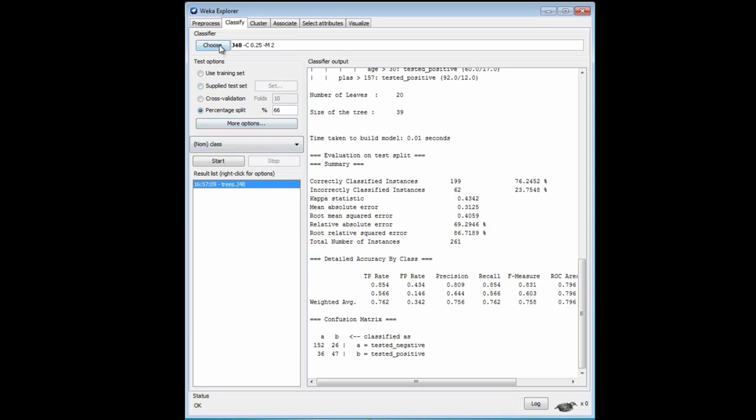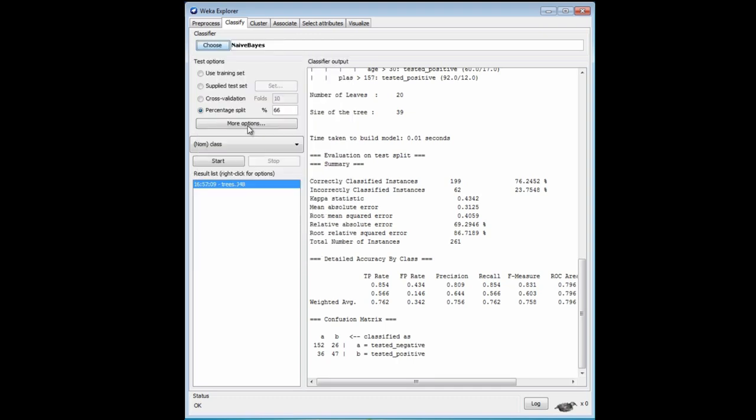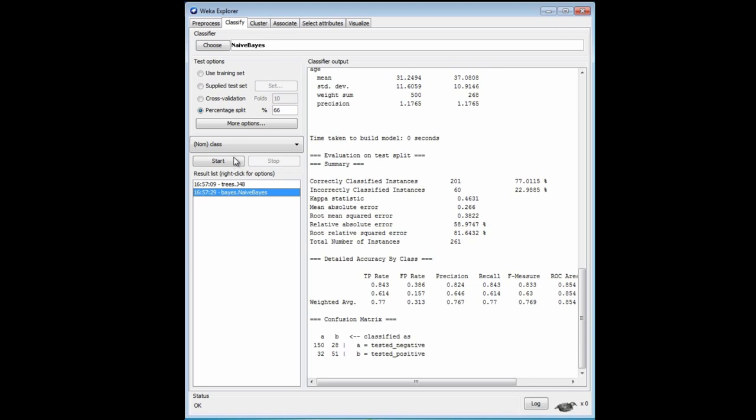I'm going to look at some other classifiers. You'll learn about these classifiers later on in this course, but right now we're just going to look at a few. Look at naive Bayes in the Bayes category, the naive Bayes classifier, and run that. And here we get 77%. A little bit better, but probably not significant.